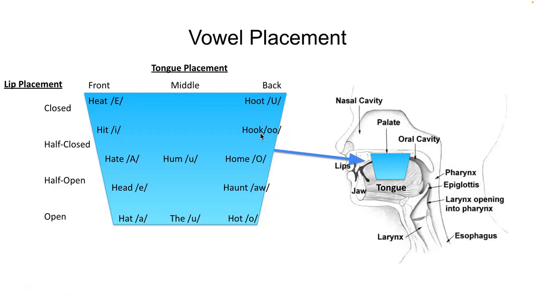These sounds are at the back of your tongue: hoot, hook, home, haunt, hot. I don't do a lot of this tongue placement with beginning students, just because you can't see inside of your mouth very well to look at those positions. But as you start working more seriously with that, you may want to use a chart like this so they can see how the tongue moves.